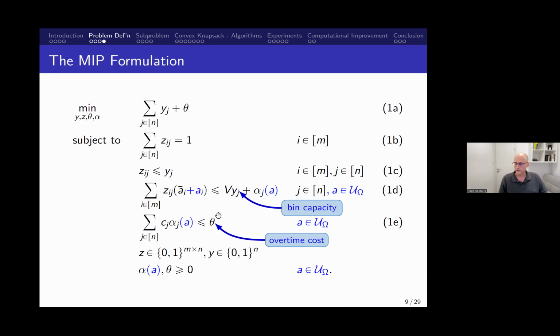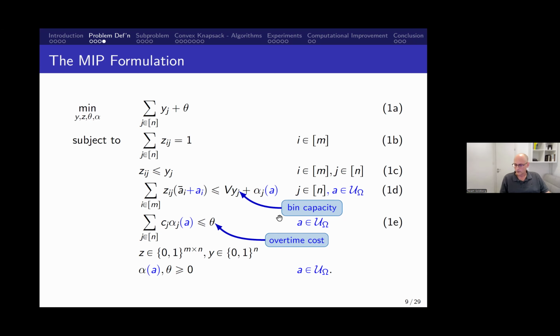So it's basically a two-stage problem. And we have overtime cost for each scenario A in our uncertainty set. Okay, so basically it's a perfect recourse type of two-stage problem, right?